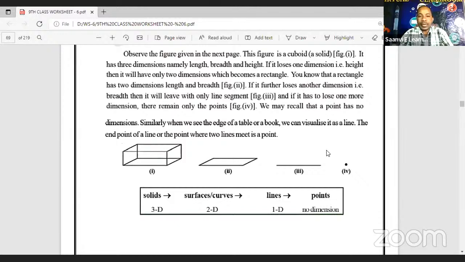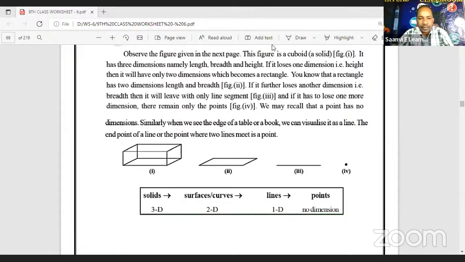When we remove one more dimension, that is breadth, from the rectangle, it becomes a line segment. And when we remove one more dimension from this line segment, it becomes a point. It means the first figure is the 3D figure.